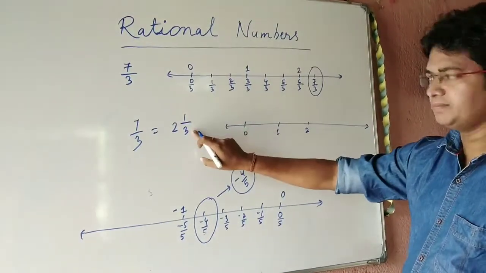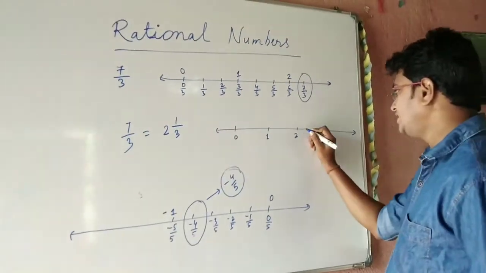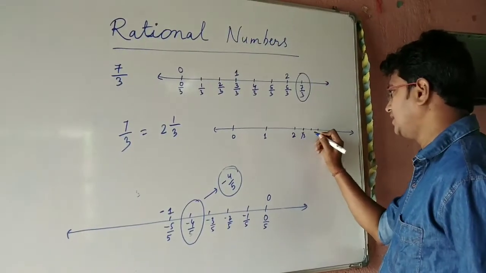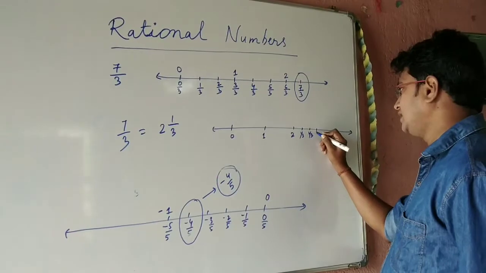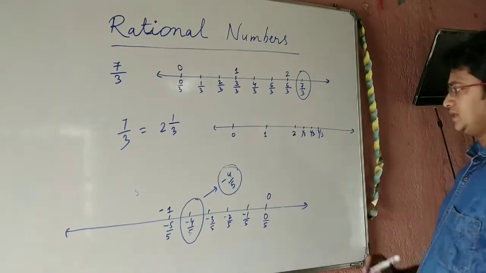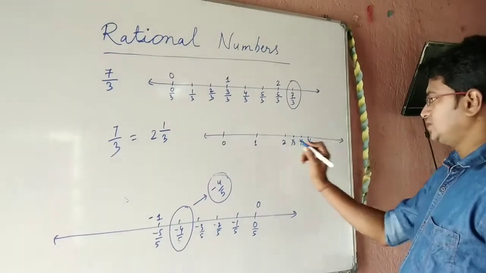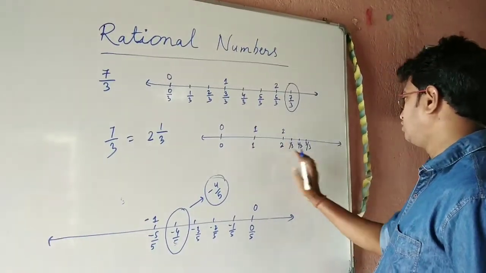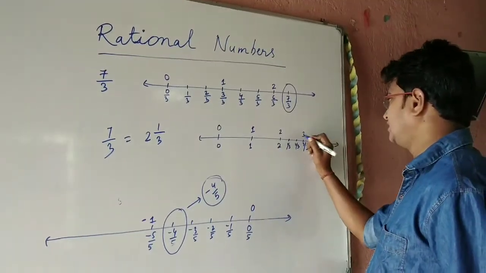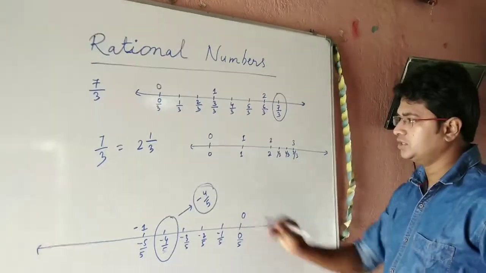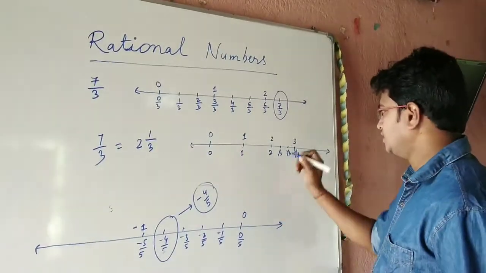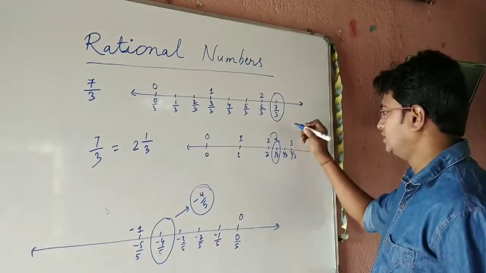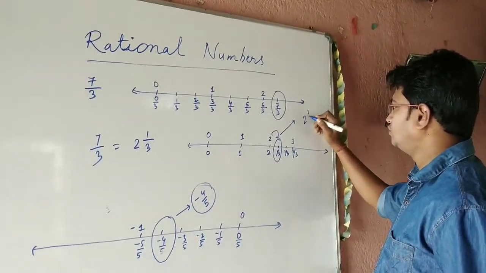After that you have 1 by 3, so you need 3 small divisions: 1 by 3, 2 by 3 and 3 by 3. 3 by 3 is 1. So here you have 0, here 1, here 2, and 2 plus 1 gives 3. In this way it will continue. So it is 2 1 by 3. After 2 it is 1 by 3, so here you are getting the answer 2 1 by 3.